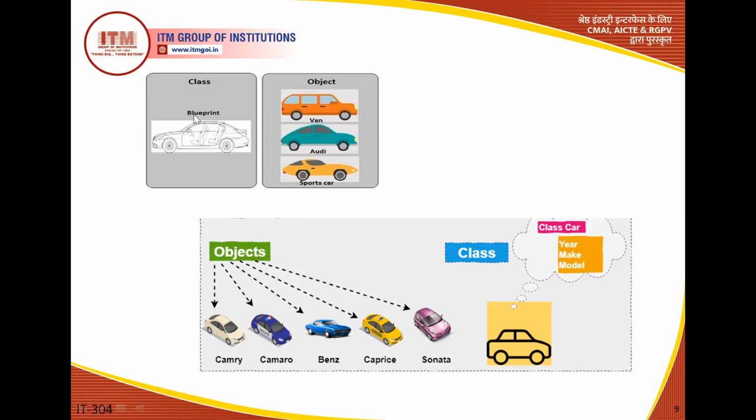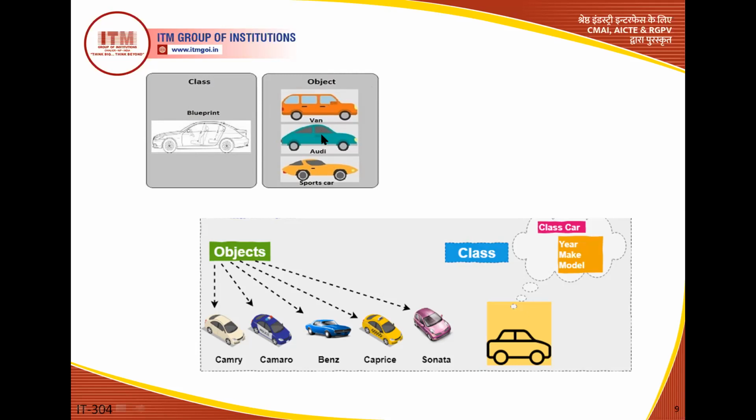If the car is the class name, then the objects may be a van, an Audi or a sports car. These are all cars, but having their own standards and qualities, while possessing similar properties. This car has a color, a name, a model number and a year of making.